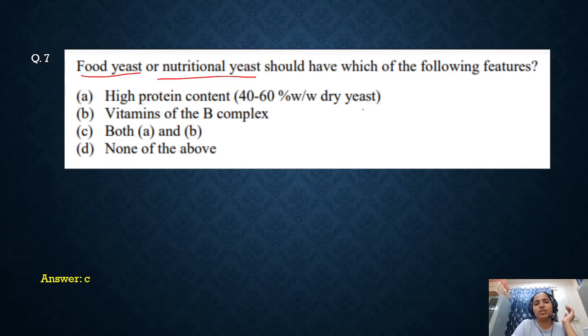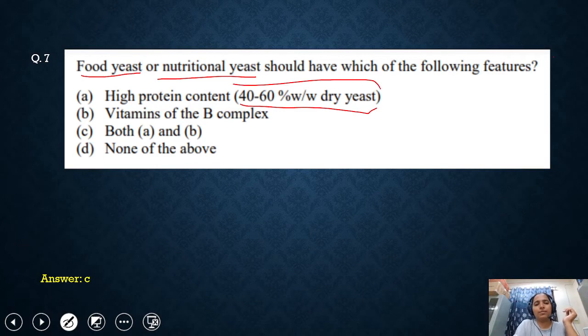Okay, what does this mean? The second option they have given is vitamins of the B complex. That is also true. It means both the high protein content and the vitamin B complex are present in the nutritional yeast.